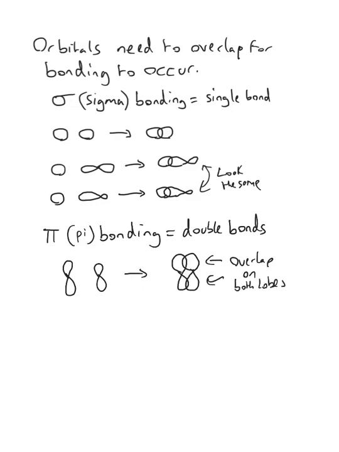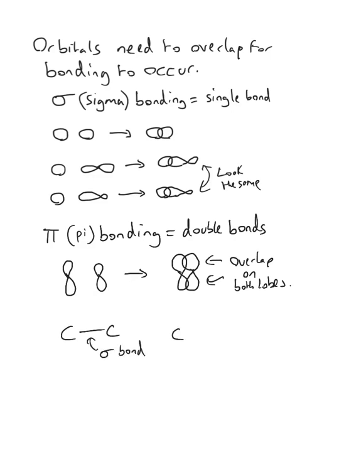Now, we use shorthand for sigma bond and pi bond as single bond and double bond, but that's kind of a lie. Usually what it means is that if there's a single bond between two carbons, this is a sigma bond.